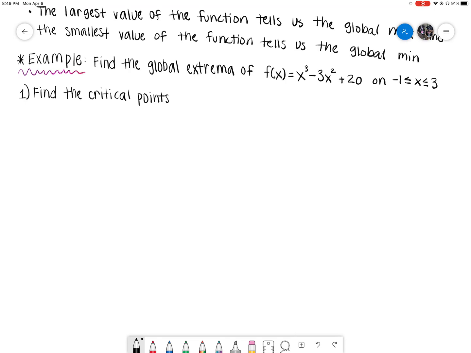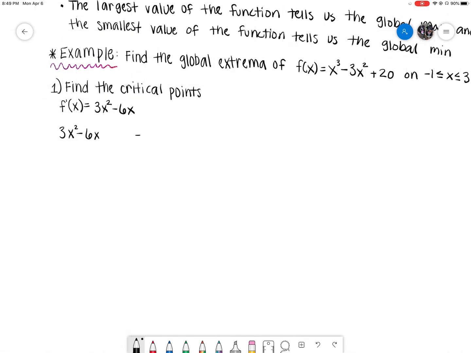So to find a critical point, we first need a derivative. So f prime of x is 3x squared minus 6x, and that's it. Take that, set it equal to 0.